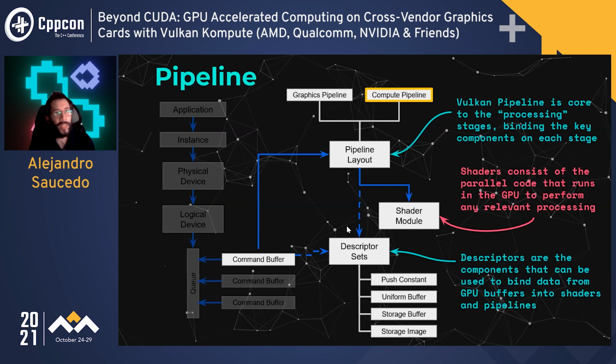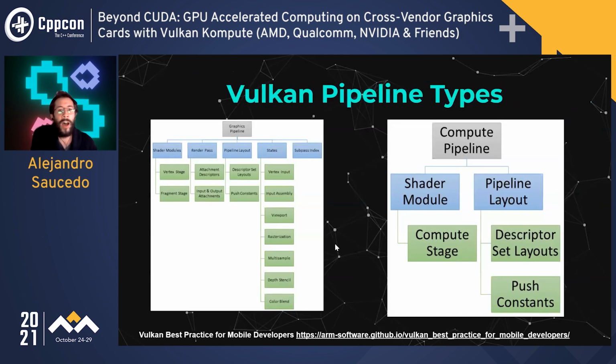And now with this concept in mind, what we need to take into consideration is that GPUs are used, more often than not, for rendering and processing of graphics, right? And what that means is that whenever we deal with a graphics pipeline, there is much more complexity and richness in the different options that we have at our disposal.